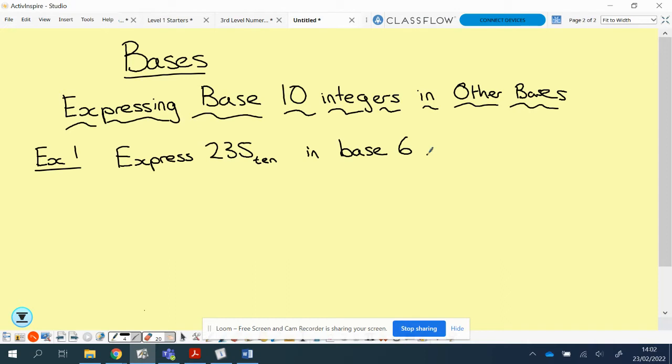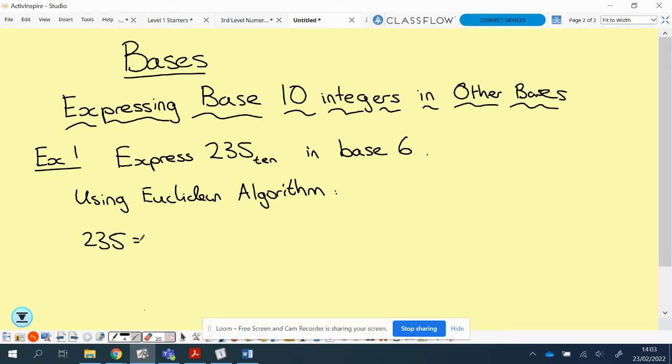In base 10, any number we write down, any digit is between 0 and 9. That's sort of how it works. We're going to use the Euclidean algorithm to do this. We're going to start the process. We start off with the number that we're trying to change, 235.